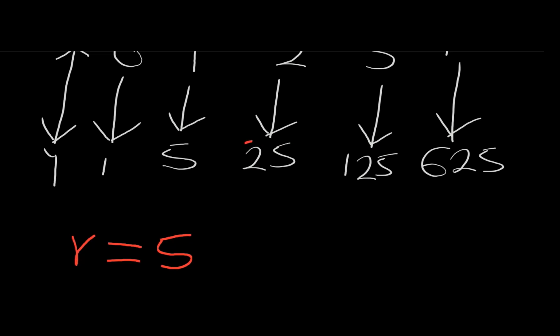Now, 25 divided by 5. What do we get? We shall surely get 5. And 5 divided by 1 is also 5. Therefore, this 5 is what we are calling the common ratio.